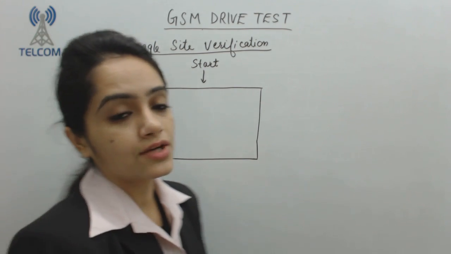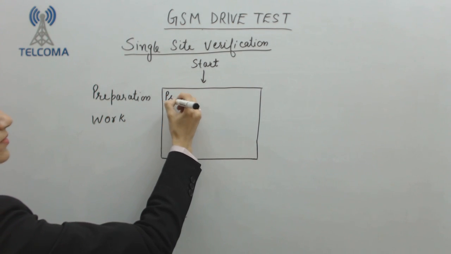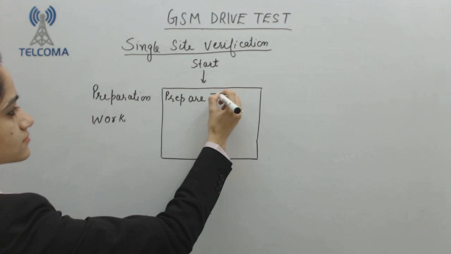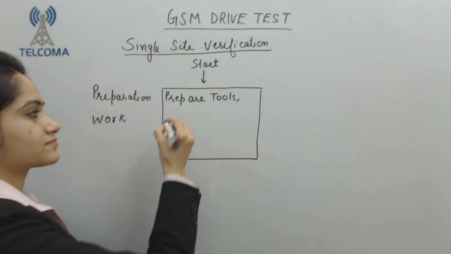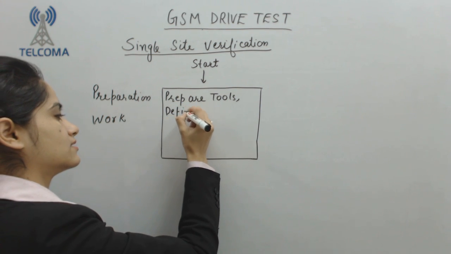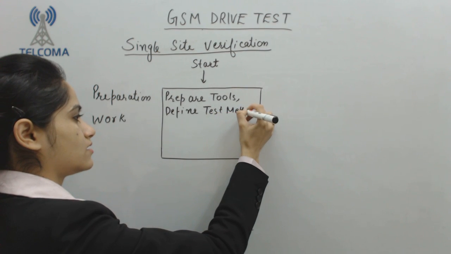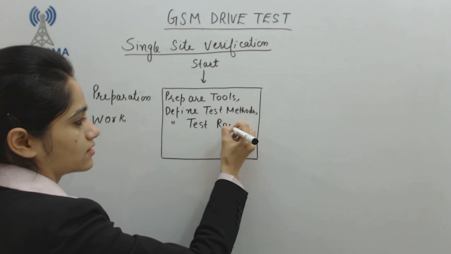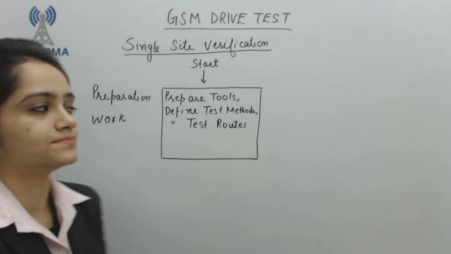Which means that we require to prepare for the drive test. In this, we require to prepare tools. We require to define test methods. So first we are preparing tools, then we have test methods, then we require to define test routes. That means the proper area of the path which we require to check.